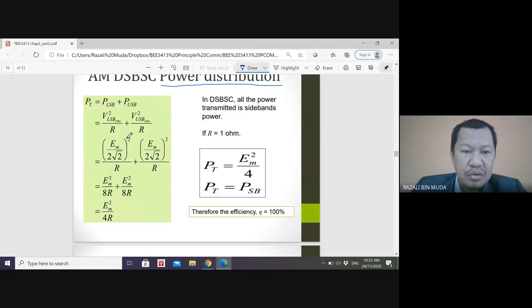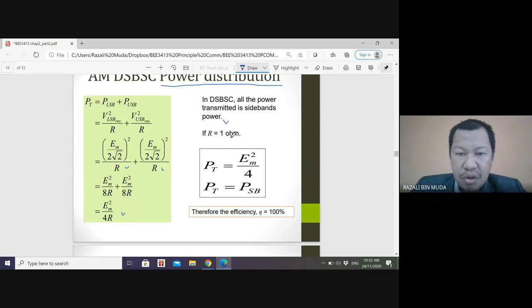So RMS squared over R, this part is for LSB and this part is for USB. Solving this equation, we get Em squared over 4R. In double sideband suppressed carrier, all the power transmitted is sideband power.